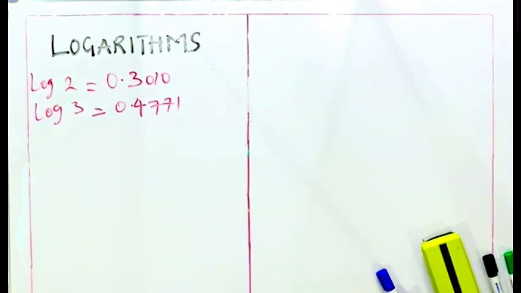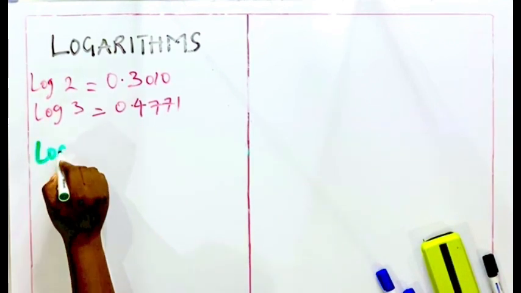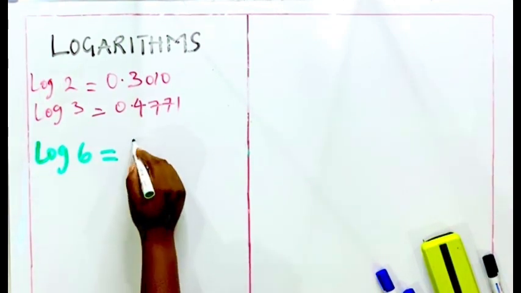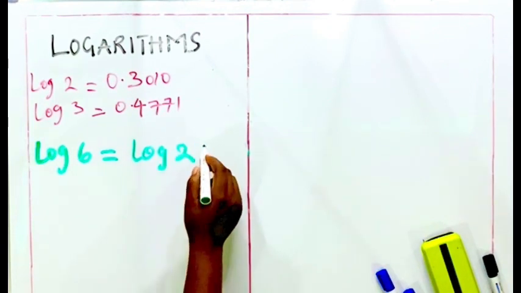Let's start with the first example. If you're asked to find log 6, find the log of 6. Log 6 can also be written as log 2 times 3.